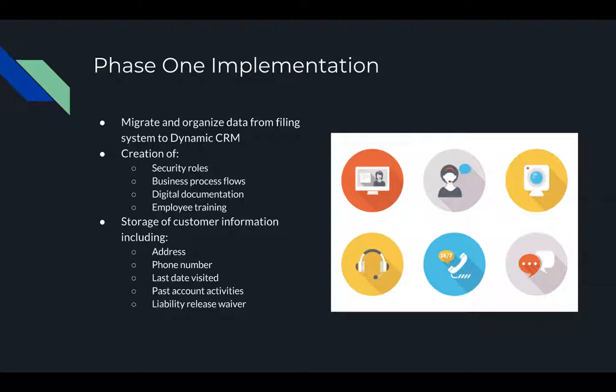Within this migration, there will be security roles created, a correct business process, and then the actual digital documents, as well as the importance of training for employees. The information stored for clients is their address, their phone number, their activity with the company, when they last visited Wonder, as well as any relation to the waiver forms.